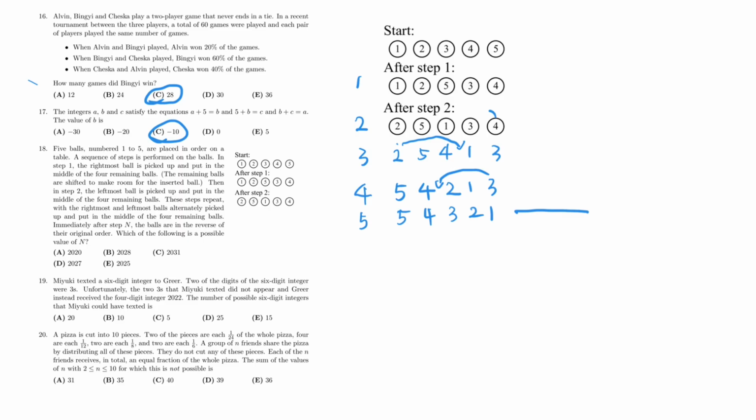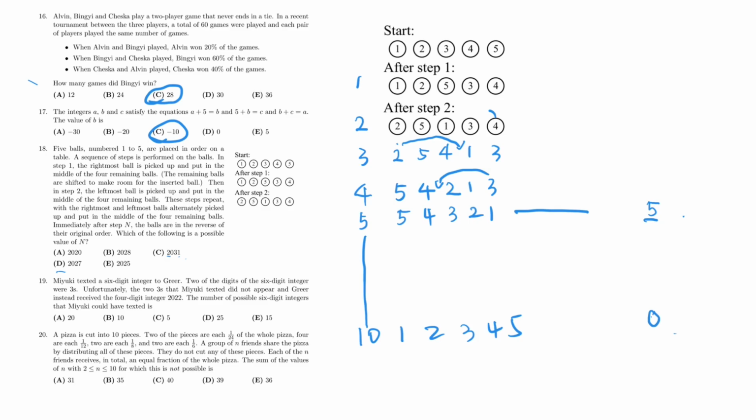So after the next 5 steps, that means at 10, they will be 1, 2, 3, 4, 5 again. Now we find the pattern. The reverse order must end with 5, and the same order, 1, 2, 3, 4, 5, must end in 0.